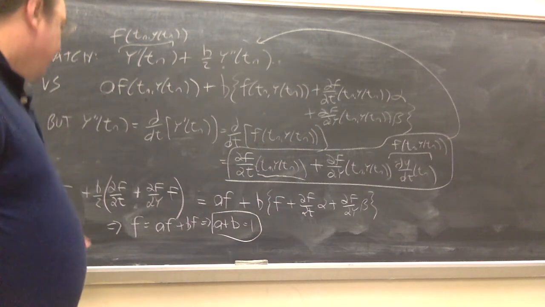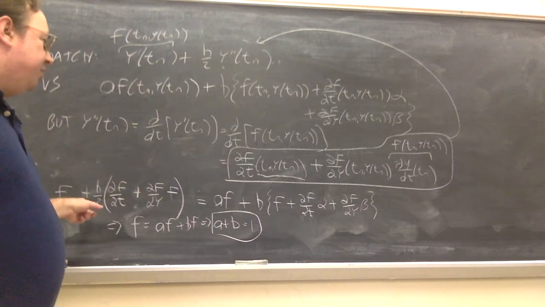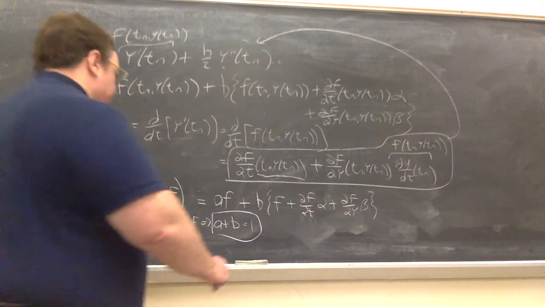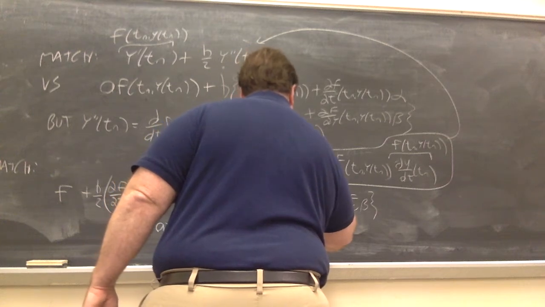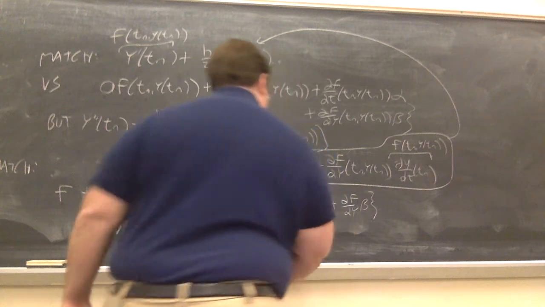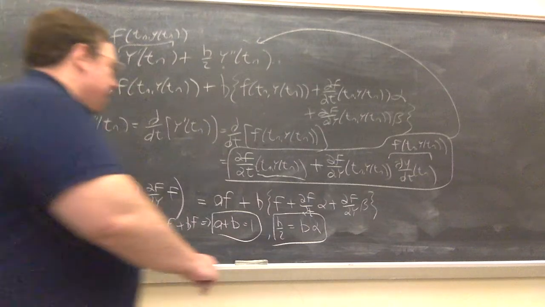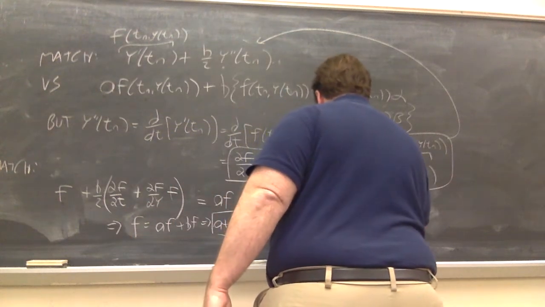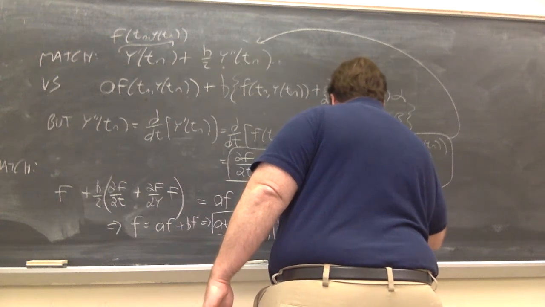And then I have, if I look at partial of f with respect to t, look at the coefficients, match them up, I have h over 2 must be equal to b times alpha. And then if I look at the terms partial of f with respect to y and make them match, I have h over 2 f must be equal to b times beta.